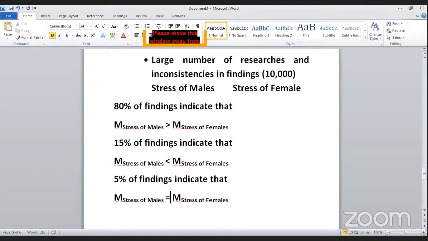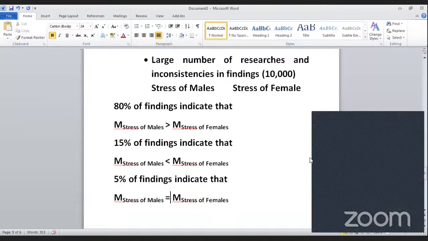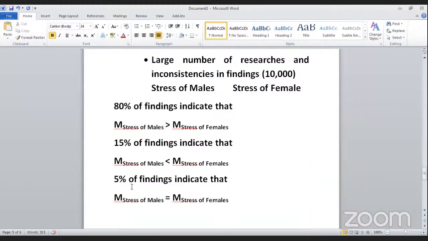Now, if you have 80% of researchers say that the mean score of stress of male is greater than the mean score of stress of female, 15% indicate that the mean score of stress of males is significantly lower than that of females, and 5% indicate that the mean score of stress of males is equal to the mean score of stress of female.